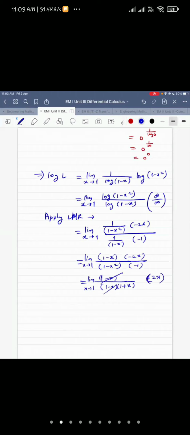Now this 1 minus x is getting cancelled. So limit as x tends to 1 of 2x upon 1 plus x. This is your log L. Now put x equal to 1. So it is 2 upon 2, that is 1. So log L is 1, therefore L is e raised to 1, that is e. So the limit for this example is e. Is it clear to all? Please say yes in the chat box if it is.